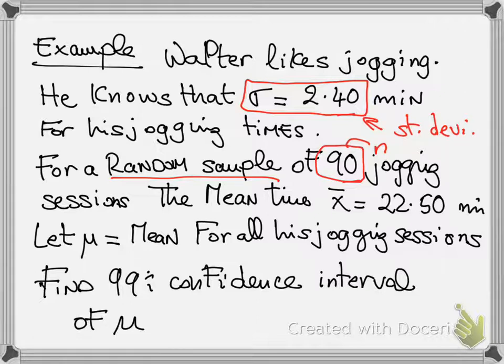Walter knows that the sample mean, X bar, is 22.50 minutes. So now we're going to try to estimate mu, to find the 99% confidence interval of mu.